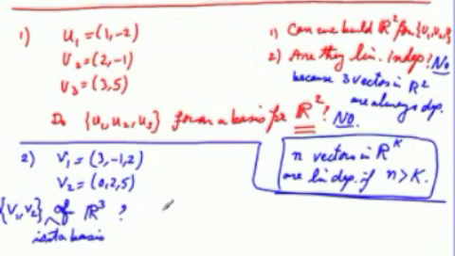What do you think? If I'm given 2 vectors, if I take a linear combination of these 2, can I reach every point in this room? Here is a 3-dimensional setup, and say you have 2 vectors in it. Can you reach every destination in R3 by just making a combination of this red and the green one?